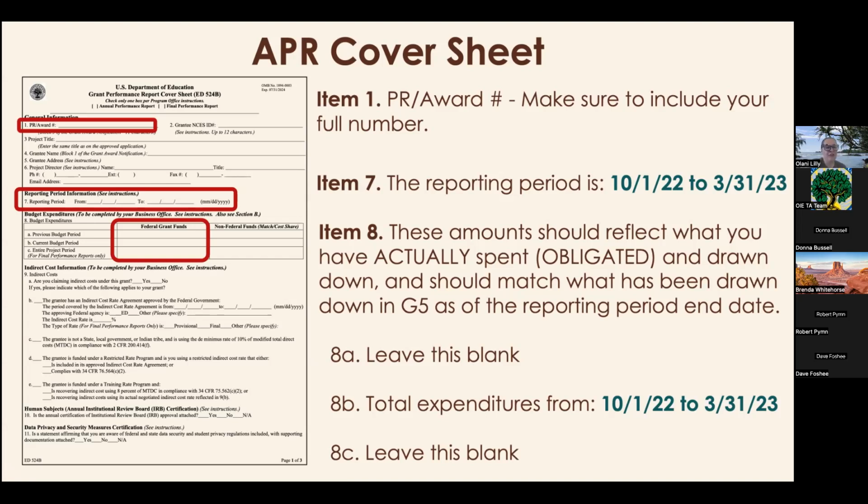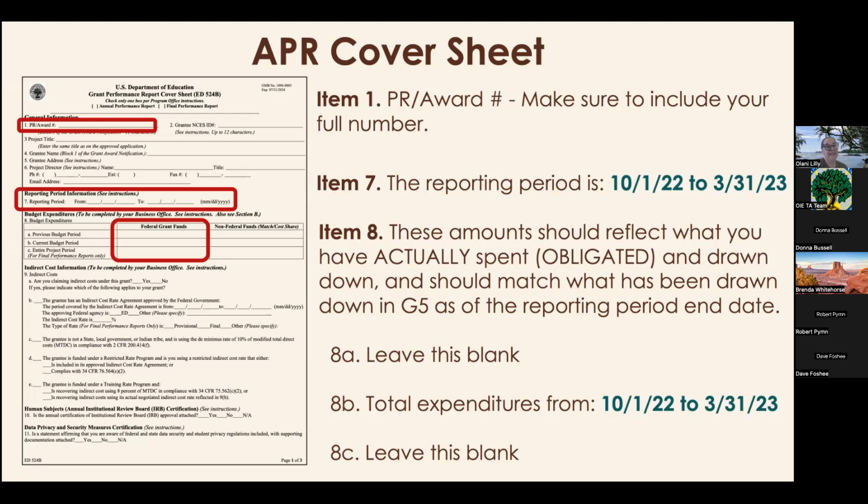All right, so how do you report for item number 8? Now, for all of our new NYCP grantees, what you will be reporting here, you'll only be reporting in 8B because you have not had a previous year. So that's really what 8A is reporting on.